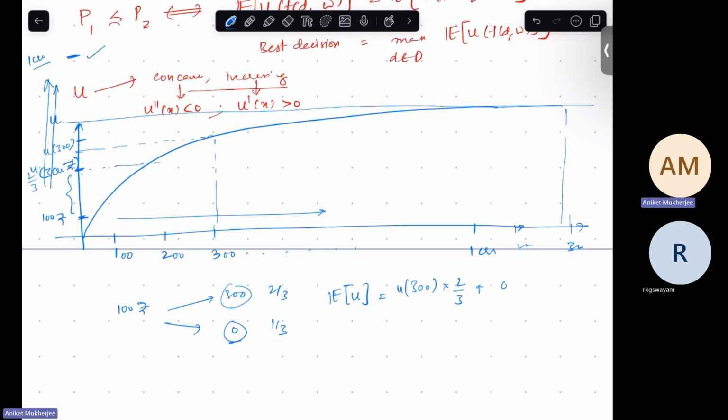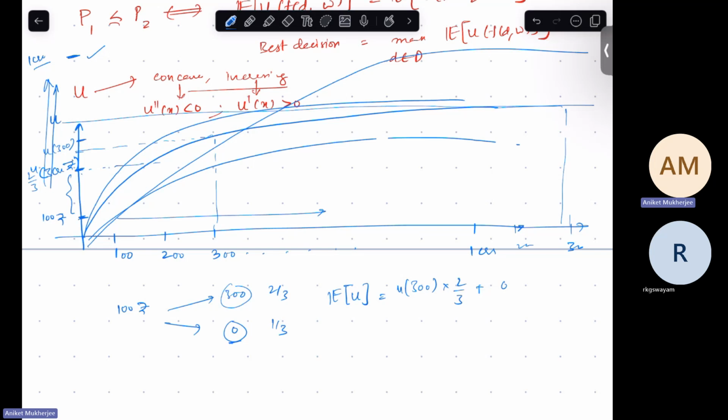For this problem this worked, but if I want to change it to another utility function, maybe something where it is straight and then it tapers off, you could come up with a case where that suits better than this.